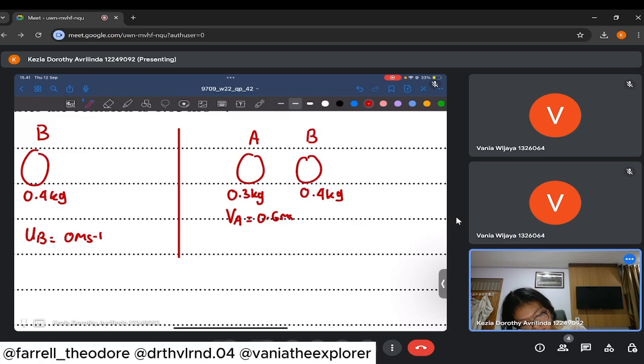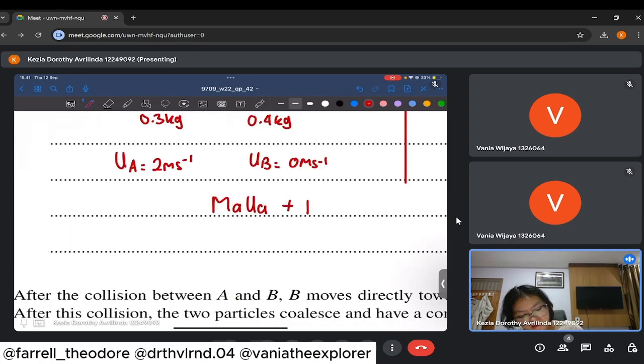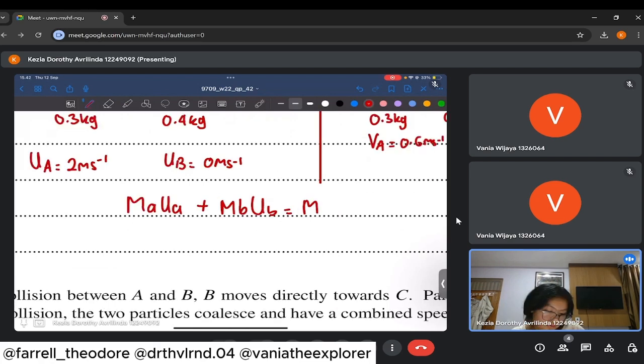as I stated previously, the formula we're going to be using is the momentum formula, which is MAUA plus MBUB is equals to MAVA plus MBVB.